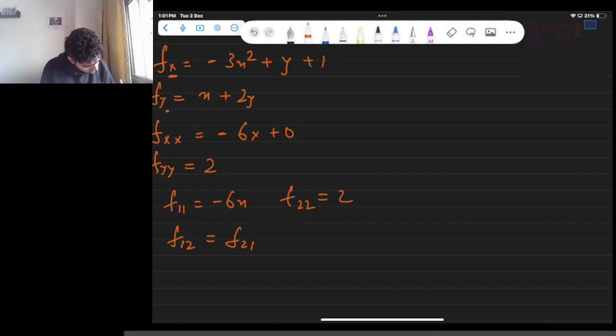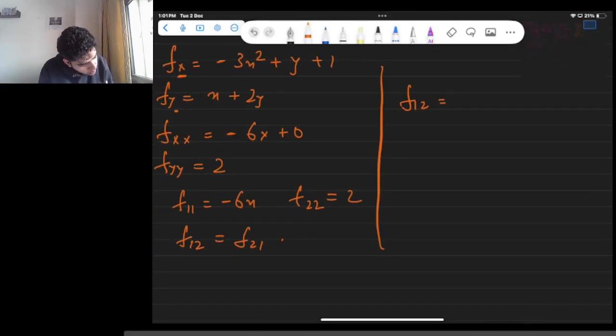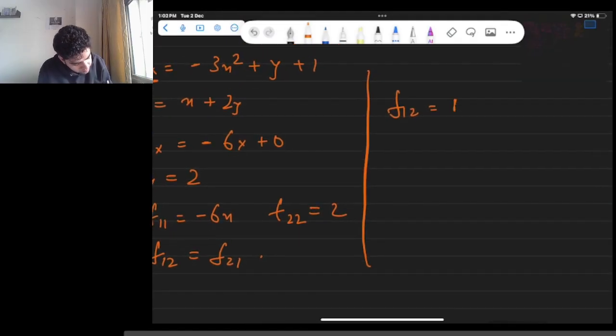So let me show you one thing. f1 will give me minus 3x square plus y plus 1. So I'll be finding the partial derivative of f1 with respect to y, which is the partial derivative of fx with respect to y.